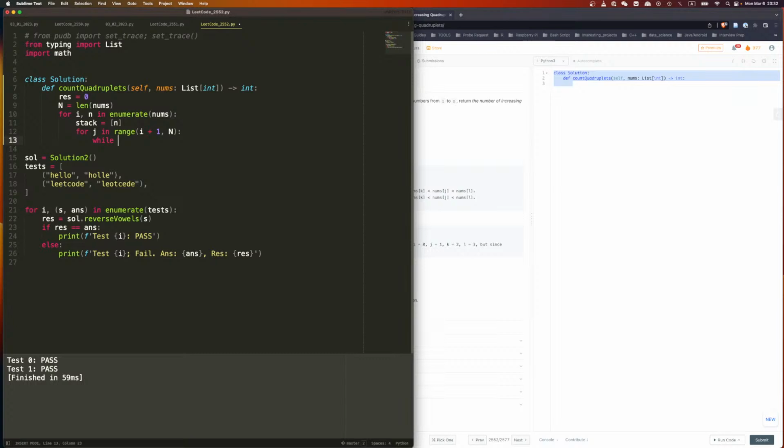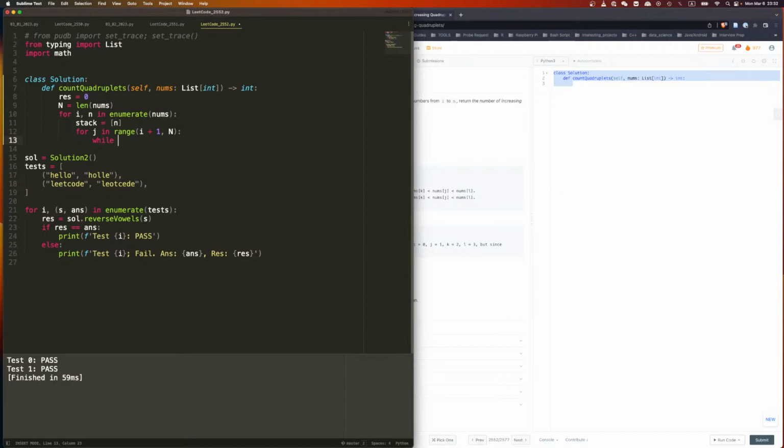So I have a bunch of things that are larger than me. But what I want is an increasing thing. Okay? It's the increasing thing, which means I need to know which ones form an increasing. So I have this, right?